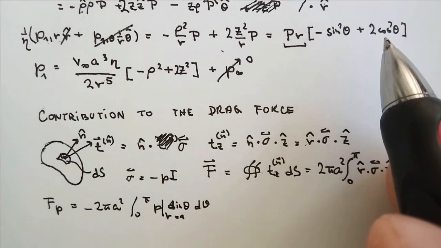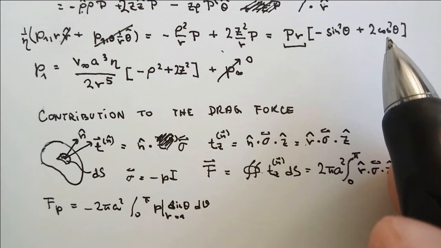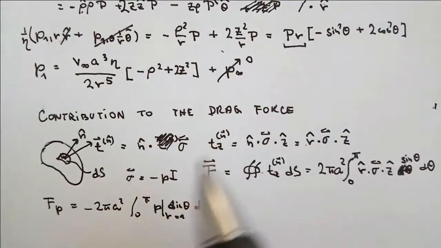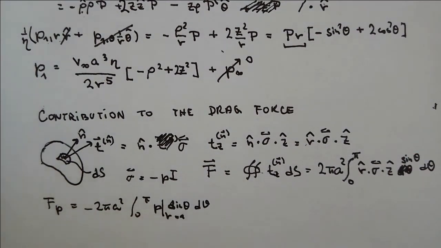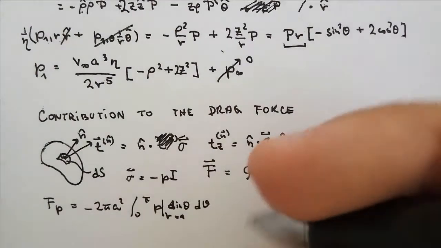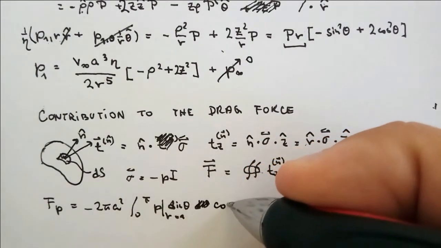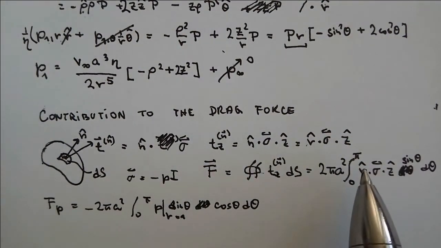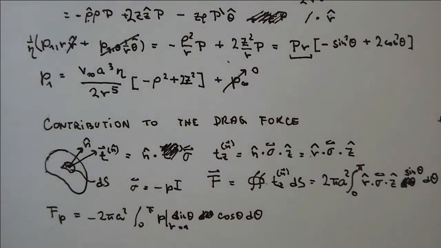The pressure is a function of sine squared and cosine squared. And if you do the multiplication, there will be sine. Oh, I'm sorry, I forgot the cosine term, because r dot z is 0. r dot z is cosine of theta.